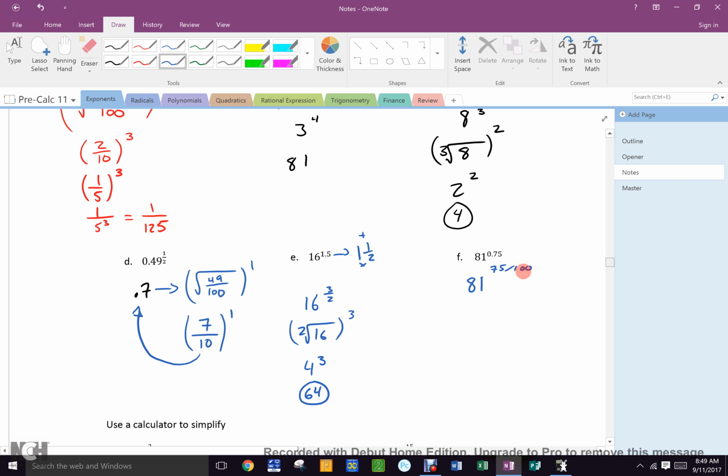And then he says, wait a minute, I don't want to find the 100th root of something to the 75th power. So he simplifies that fraction to 81 to the 3/4. And now he's looking for the 4th root of 81 cubed. That's 3 cubed. And that's 27.